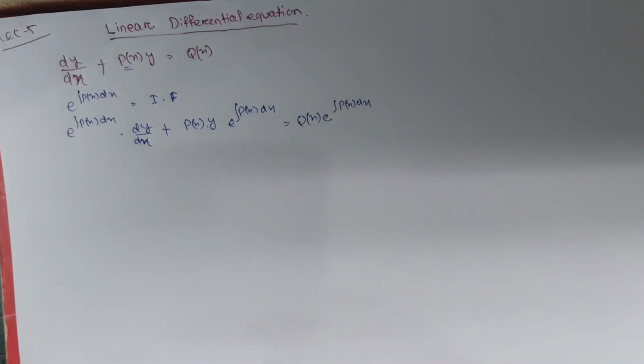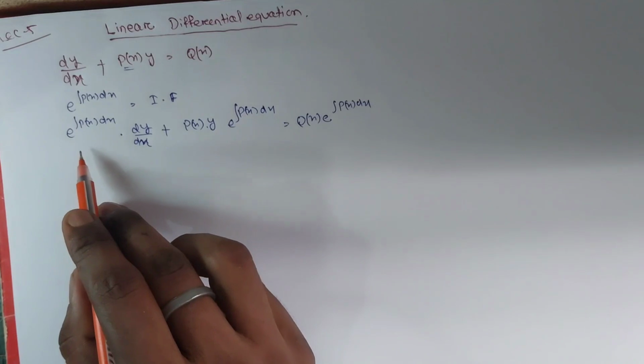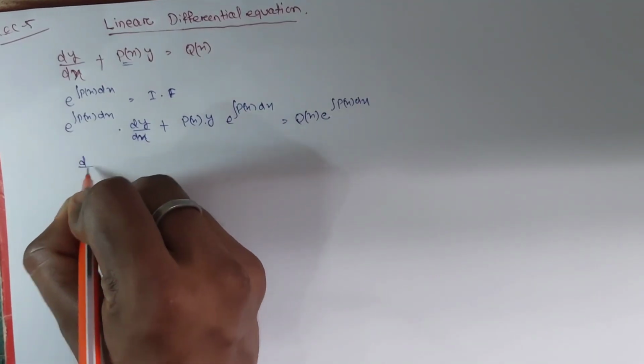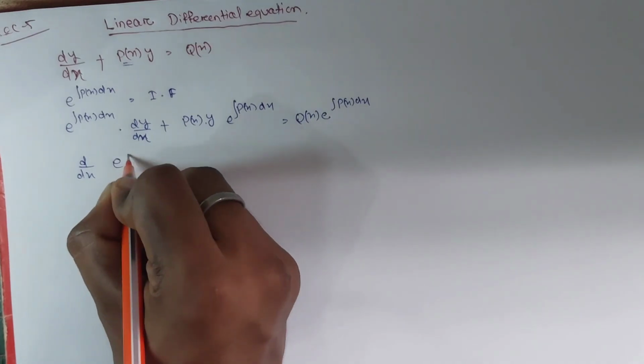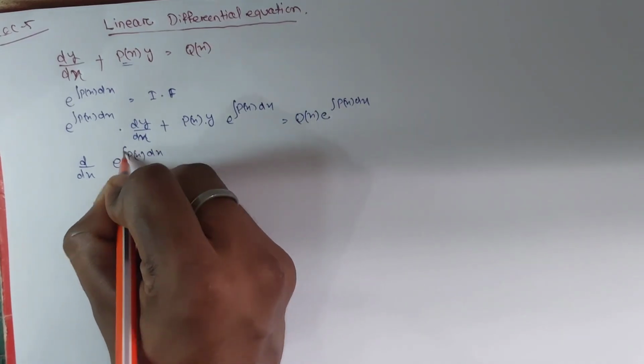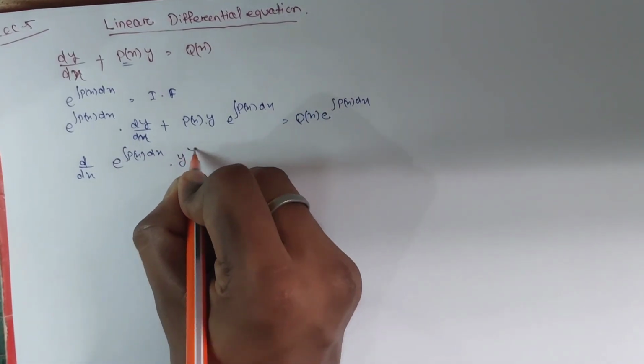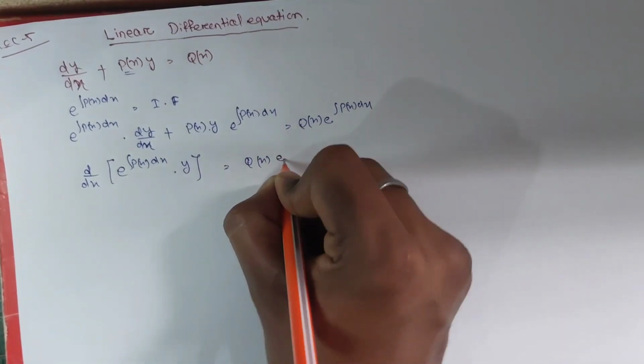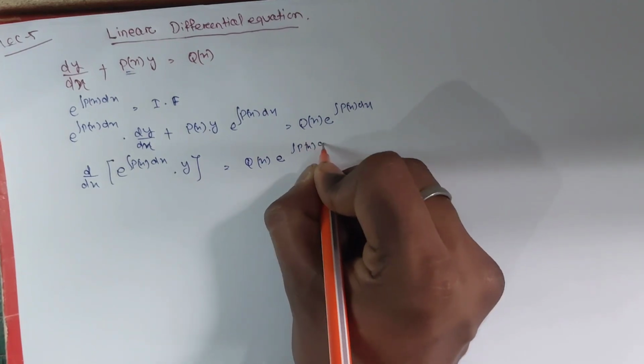Okay, so we have to rearrange this a little bit, then we can get d/dx of e^(∫P(x)dx) times y equals Q(x) e^(∫P(x)dx).